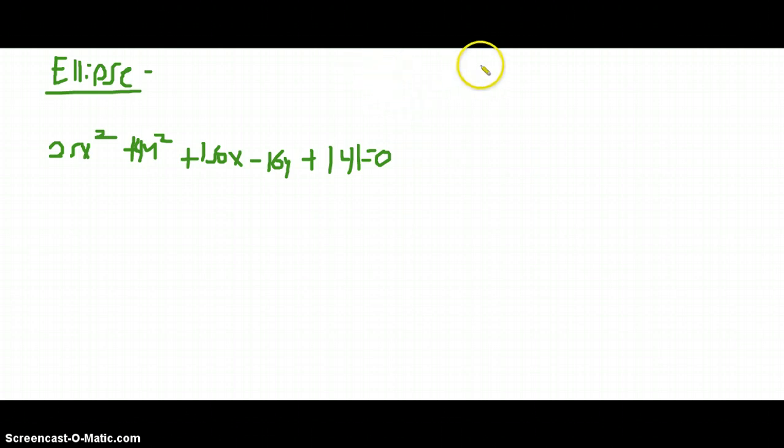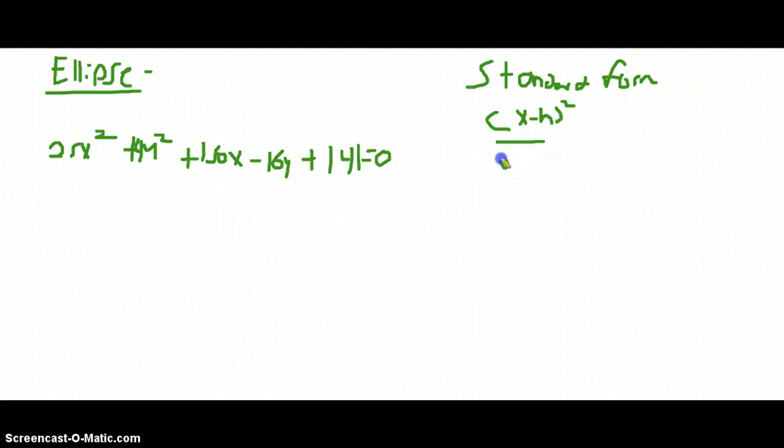So the standard form is parentheses x minus h squared over a squared plus y minus k squared over b squared equals 1. So it's different than the circle. The objective over here is to get it all to equal 1. So that's why in the end you'll see that we're going to divide by whatever it is equal to.